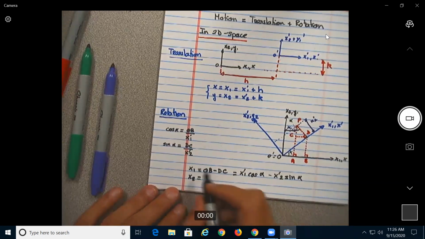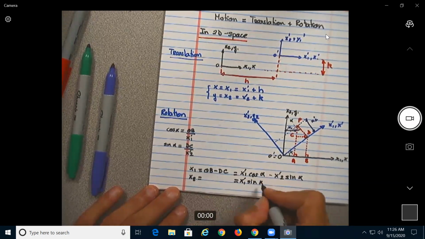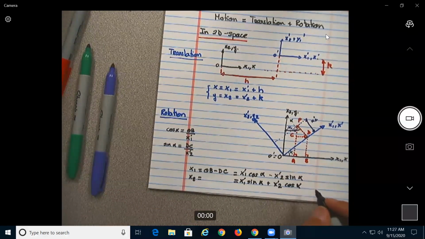So now this one here will be, let's do reverse engineering, x prime 1 sine alpha plus x prime 2 cos alpha.